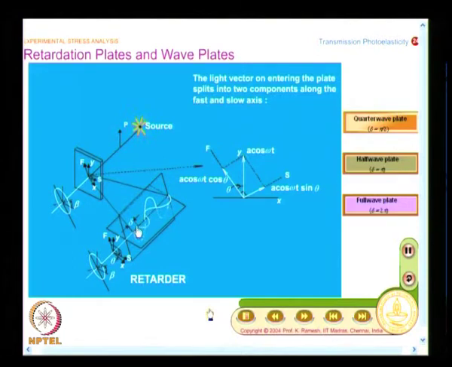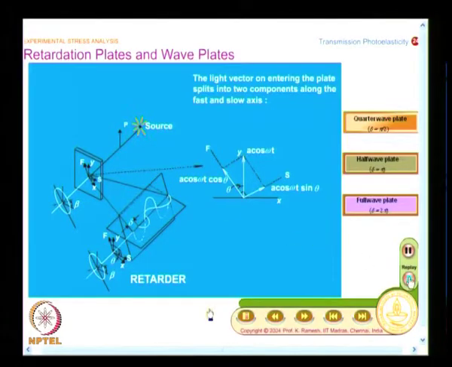They acquire a phase difference delta, and we have just now seen, if I have two simple harmonic motions with a phase difference which are mutually perpendicular, I get essentially an ellipse. If you understand this, the whole of photoelasticity is mastered.